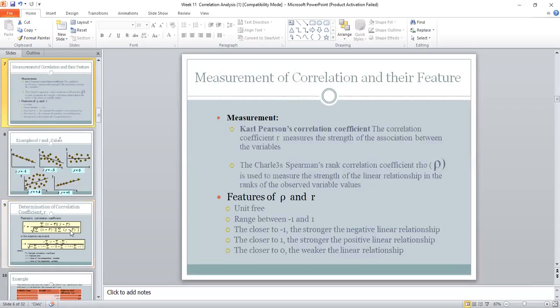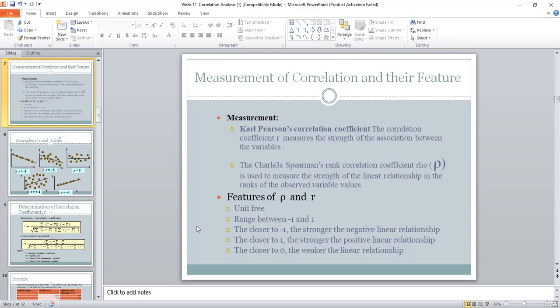Number one is called Karl Pearson's. Karl Pearson is a Russian mathematician. Karl Pearson's correlation coefficient R. Letter R, don't use your own symbol. When you see R in this context, we know you're talking about Karl Pearson's correlation coefficient.